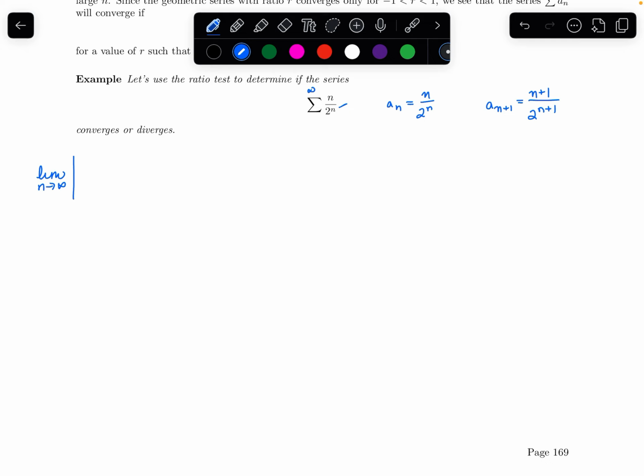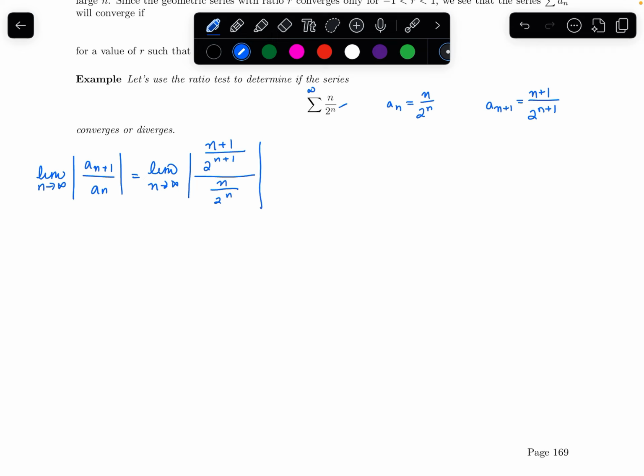This is really useful for when you have negatives, like a negative 2 to the n, stuff like that. Let's set it up though. So we want a sub n plus 1 over a sub n. So I'm going to plug in what I got: n plus 1 over 2 to the n plus 1 divided by n over 2 to the n.